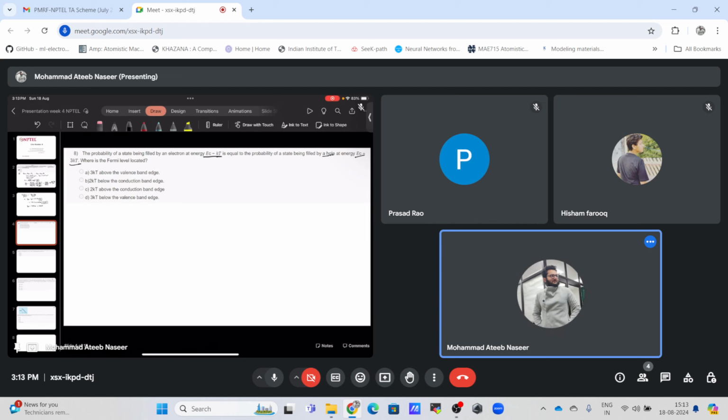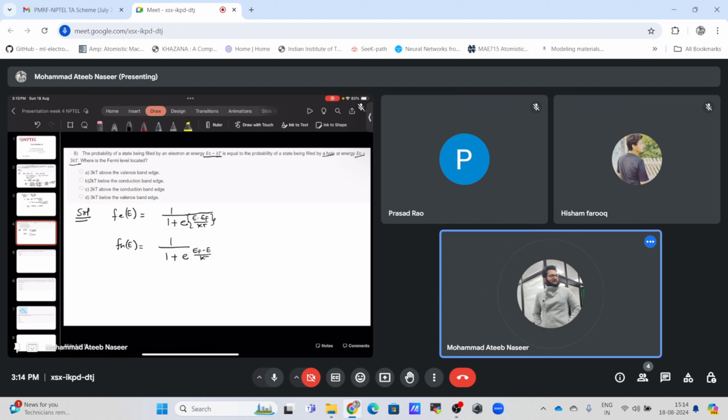So what it says is that the probability of occupation of an electron is simply 1 divided by, that's what we have been doing till now, 1 plus exponential of E minus EF by kT. Okay, this is the probability of occupation of an electron. So the probability of occupation by a hole is simply 1 minus this thing, and it will simply come out to be equal to 1 divided by 1 plus exponential of EF minus E by kT.